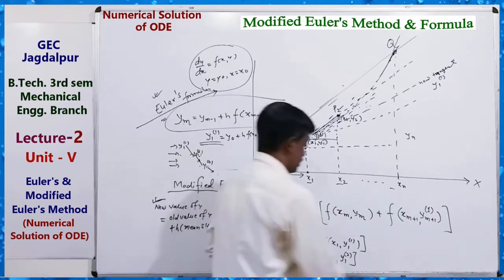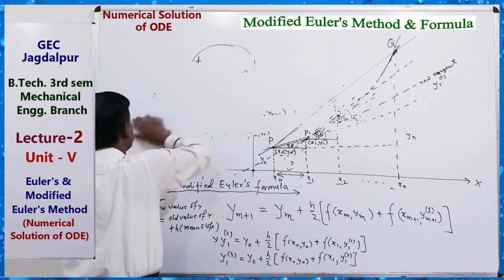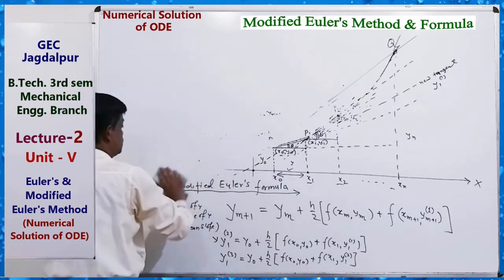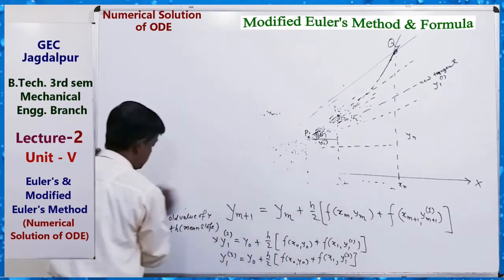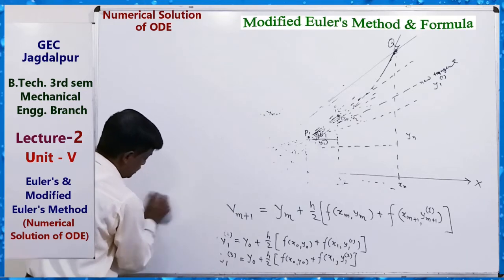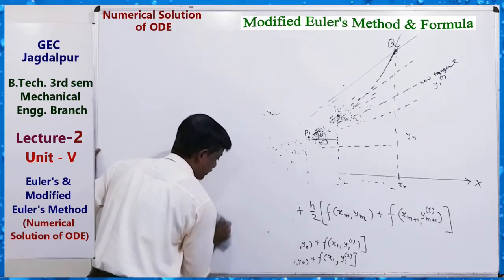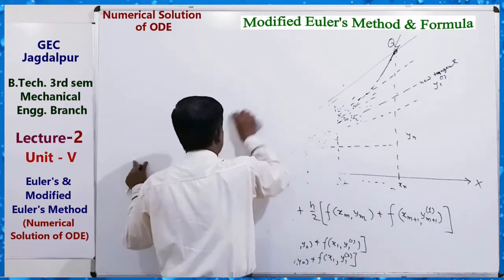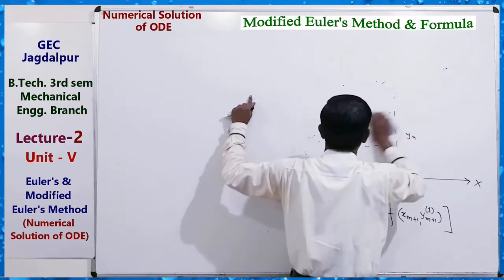Okay. Now, this calculation can be done by preparing a table also. Just take a question, and we can understand it better. So here, use this modified Euler's formula.